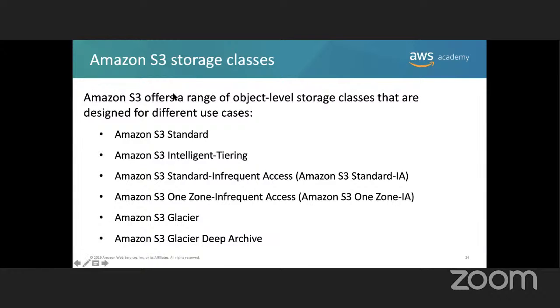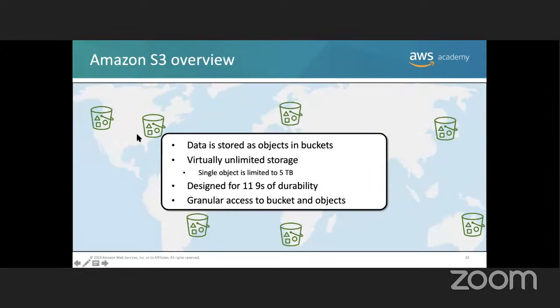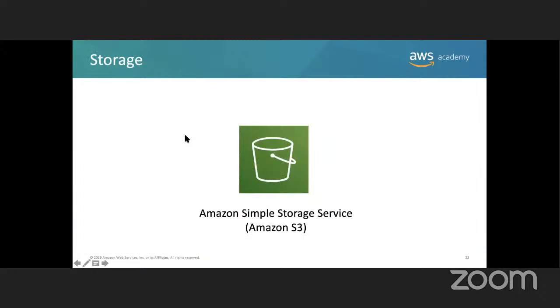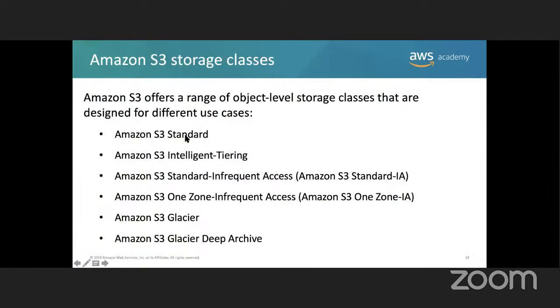Now, Amazon S3 offers a range of object-level storage classes that are designed for different use cases. Take note of the standard class, because you're not going to see it in the slides that much. S3 Standard is designed for high availability, high durability, and high performance object storage for frequently accessed data.